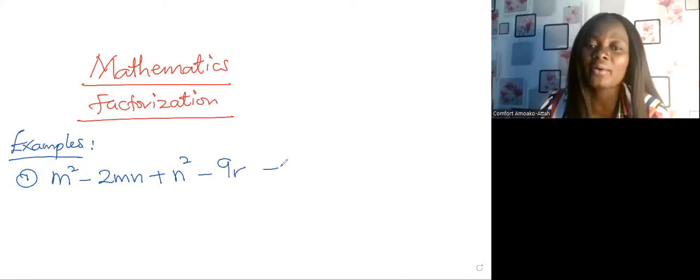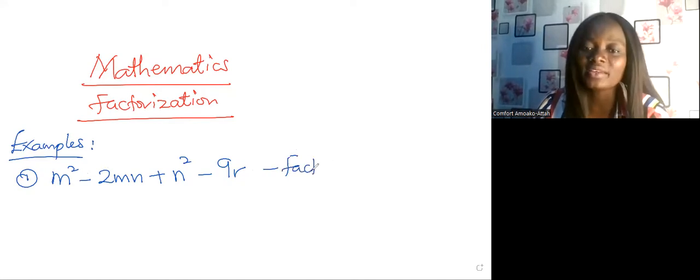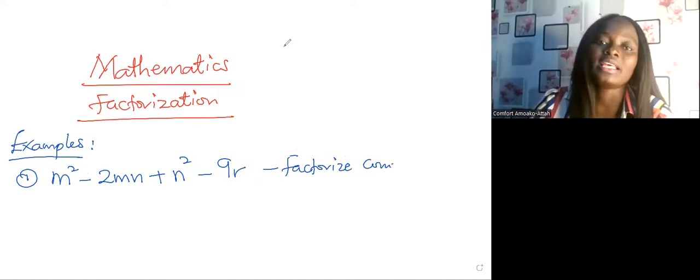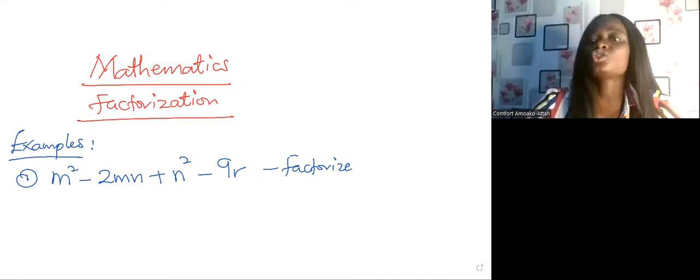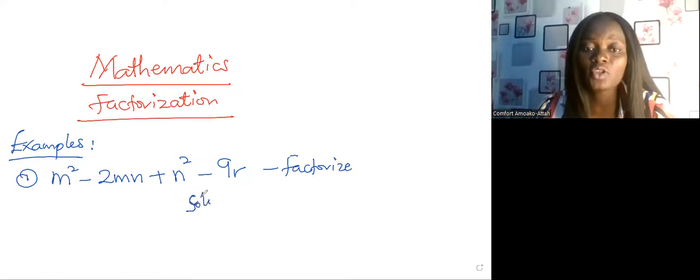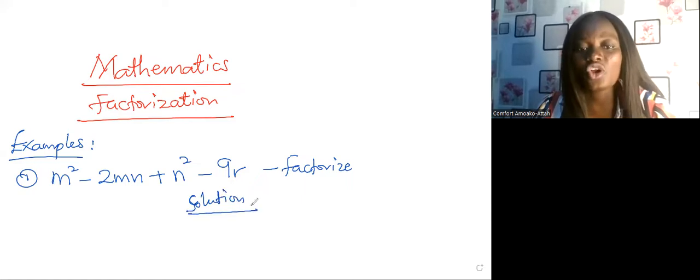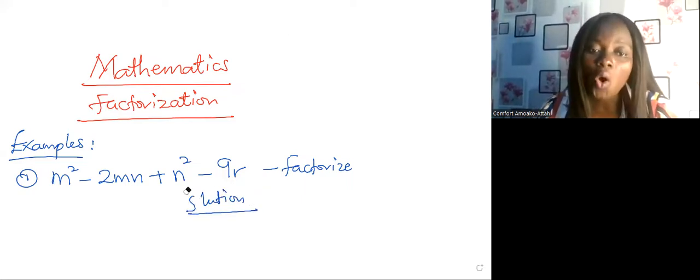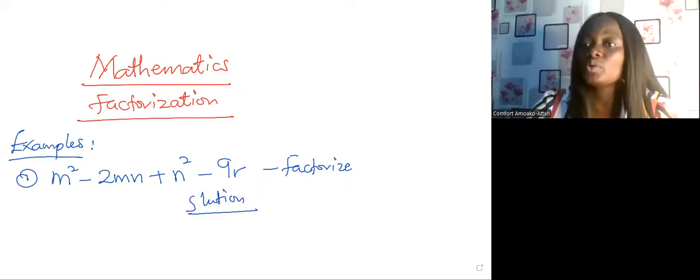And you have to factorize completely. Okay, so let's factorize this. When you have a question like this, it is also a past question. So assuming you met this in your examination, how are you going to tackle it?